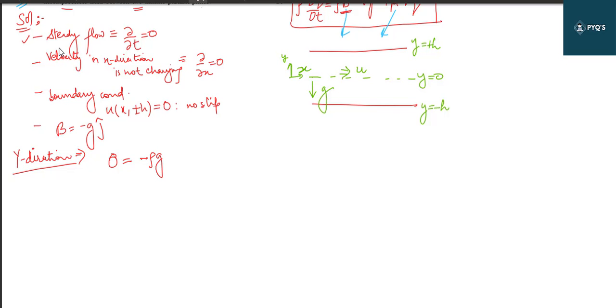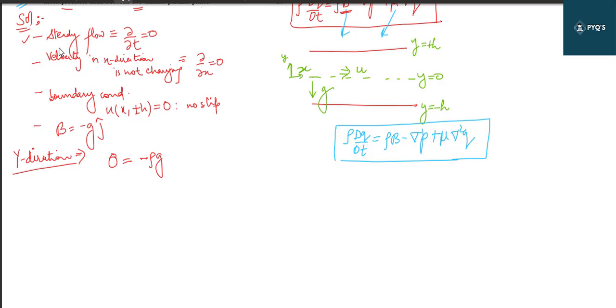Let me write the Navier-Stokes equation here again: rho del q by del t equals rho b minus del p plus mu del square q. We'll use this.